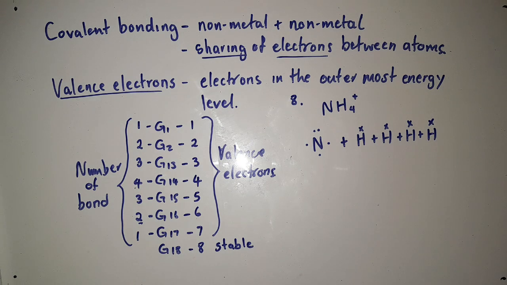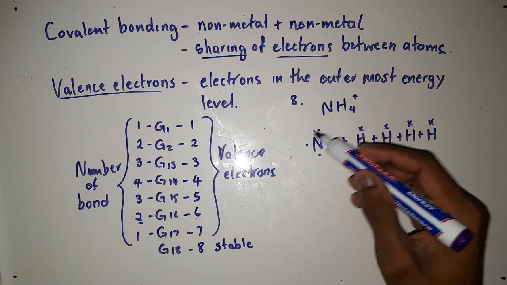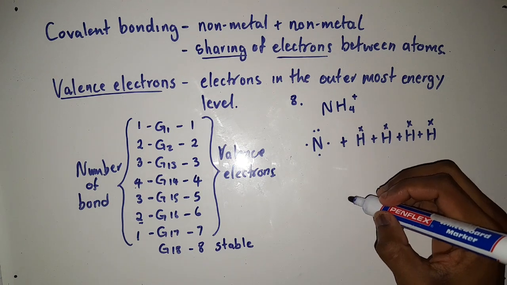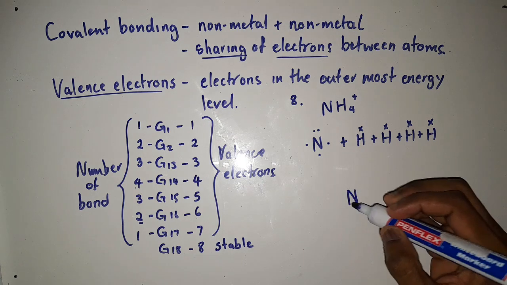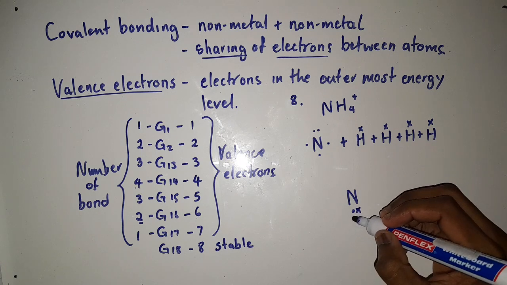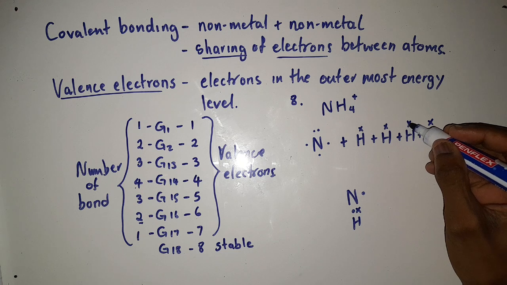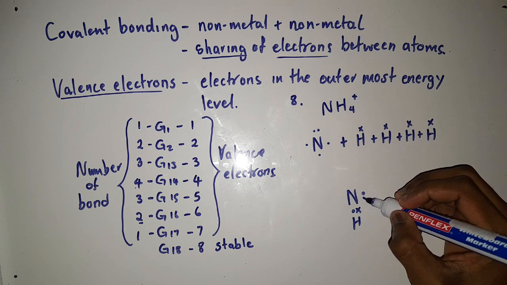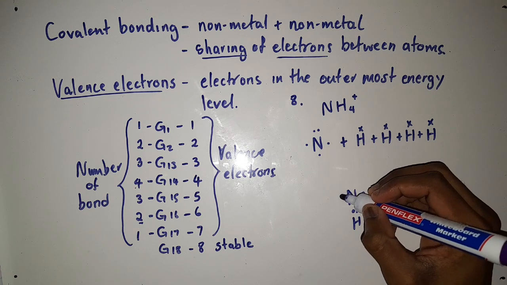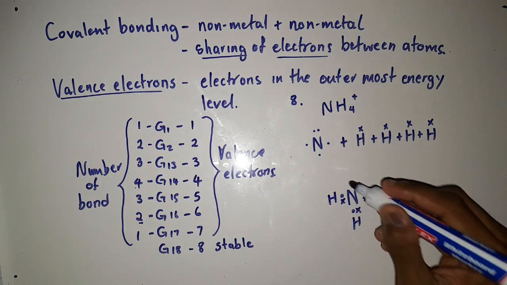Then, in this case, we can clearly see how many unpaired electrons we have for nitrogen? We have 3 unpaired electrons, which means we are going to get a situation which is like this. Then this H is going to be paired here, then a dot. This H is going to be paired somewhere here. Then we have a dot. This H is going to be paired somewhere here like this.